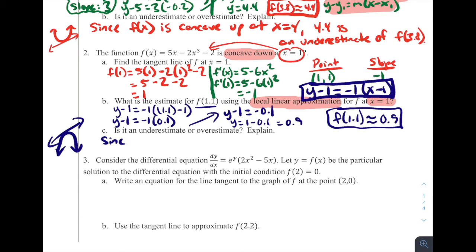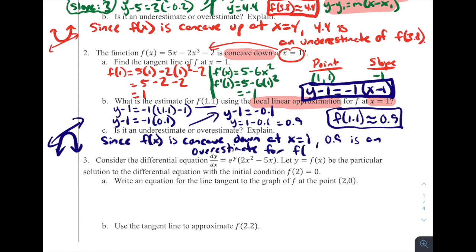So since f of x is concave down at x equals 1, not 4, that's the previous problem, 0.9 is an overestimate for f of 1.1. I know that's an overestimate because that tangent line is above a concave down function. No matter where I draw that tangent line on a concave down function, it's going to be above it.